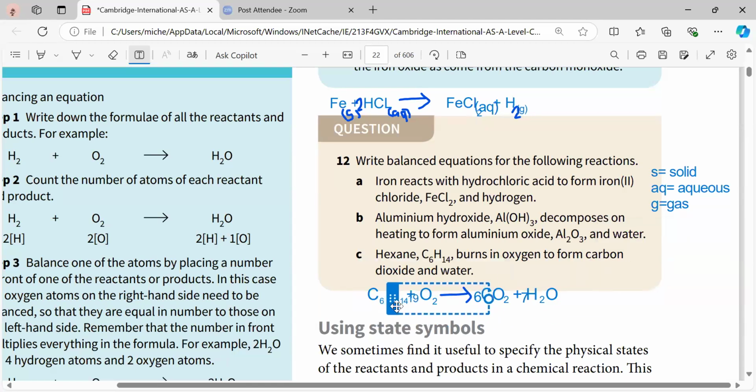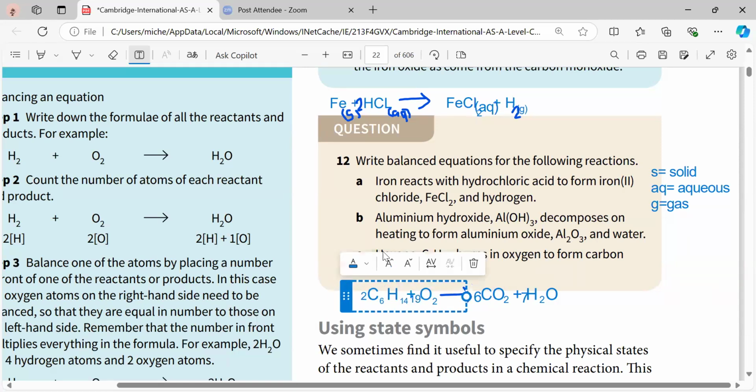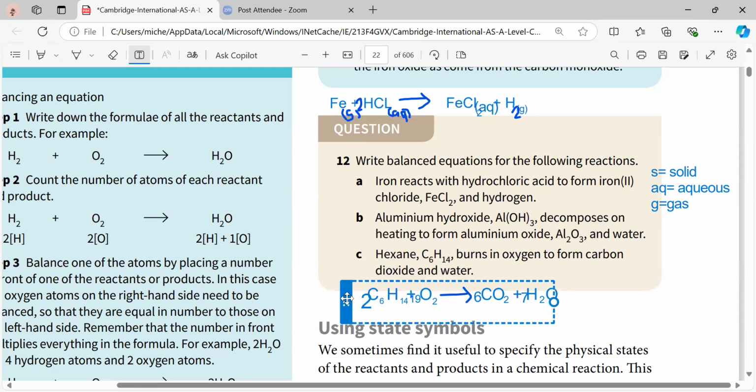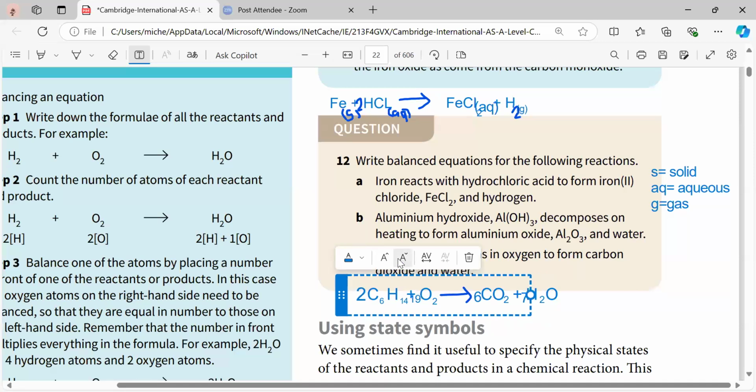First of all, this should be 19, since we have multiplied everything by 2. And since we're doing a multiplication by 2, the one that doesn't have a number right here will also have 2 in front of it. So we're going to add 2 right there. There we go.